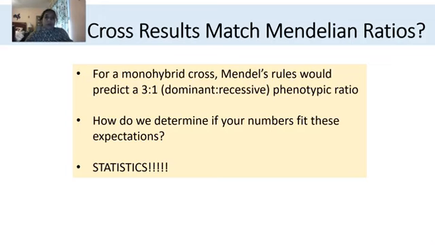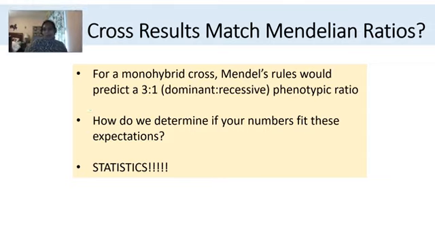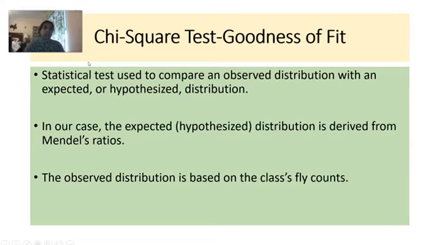What we would look for in that case is that we would expect, for a monohybrid cross, that Mendel's rules would predict a 3-to-1 dominant to recessive phenotypic ratio. So we would examine if our numbers fit these expectations. How would we do that? Well, of course, that would require some statistics. So let's look at what type of statistics we can perform in order to do that.